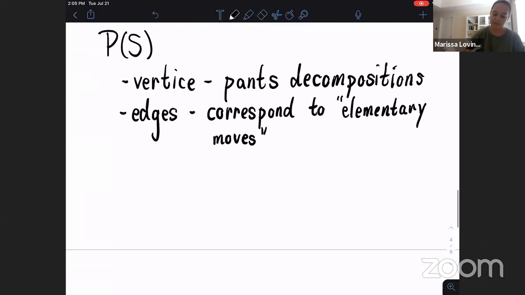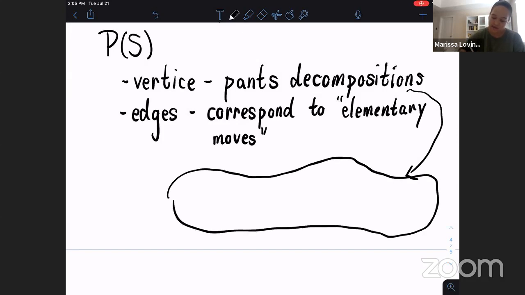So I should say what I mean by a pants decomposition. This is going to be exactly what it sounds like. We're going to take our surface and divide it up into pairs of pants. Those are the three-holed spheres that I mentioned yesterday. So let's put on some curves.